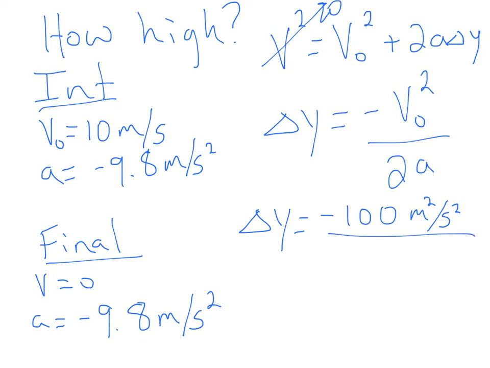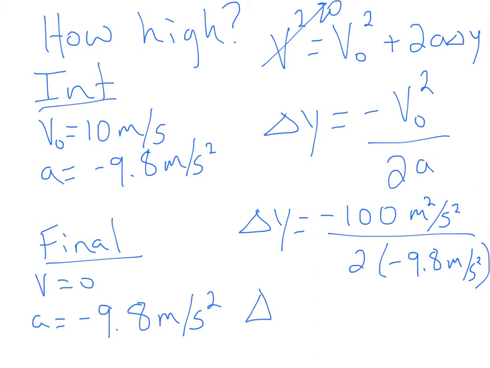This is over 2 times negative 9.8 meters per second squared. If you notice, the per second squared cancel, and a meter cancels with one of the meters, so we're just left with meters, which gives us the correct units.